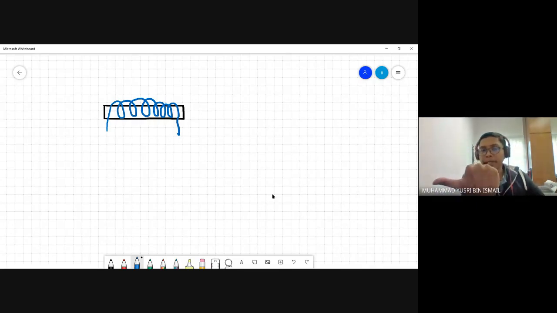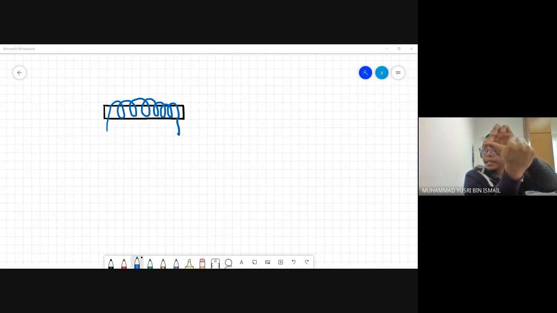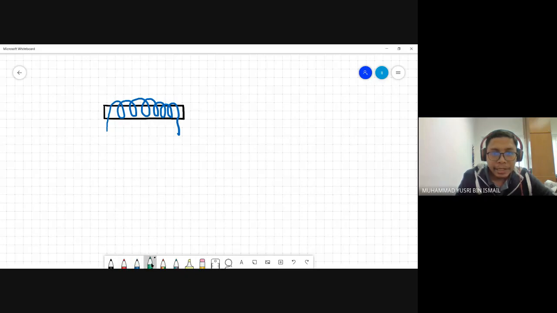So the magnetic field that will be produced will be, nampak tangan saya? The magnetic field will be produced at your thumb. So it will be ni, this will be your magnetic field.